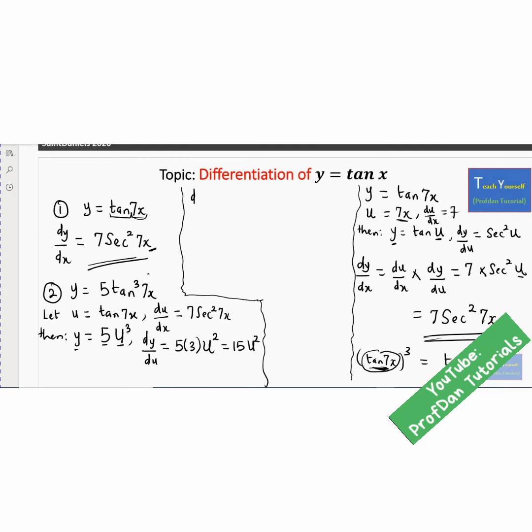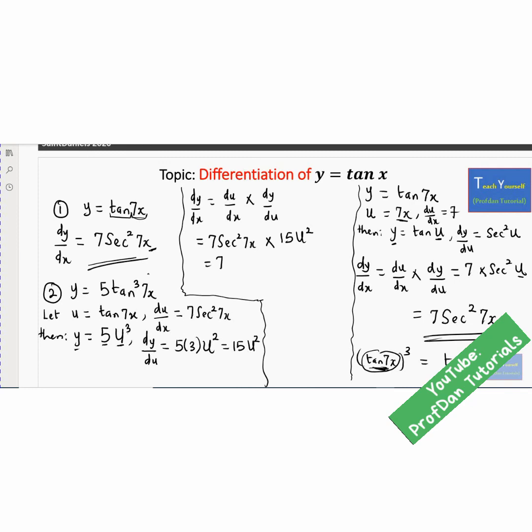Now you can have your dy/dx to be the product of du/dx and dy/du, which leaves you with 7 sec squared 7x multiplying dy/du, which is 15u squared.